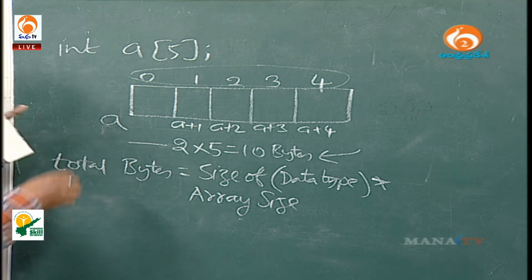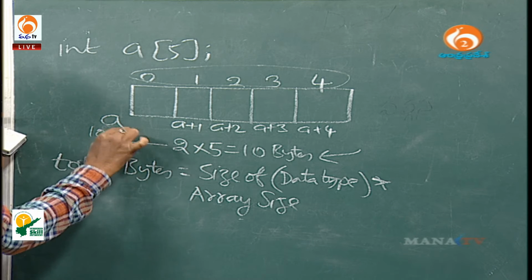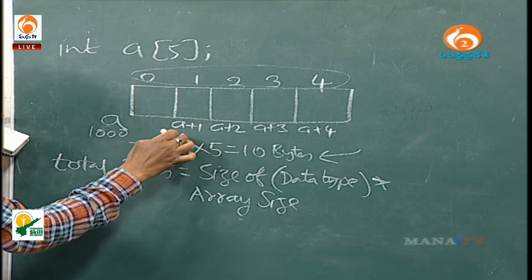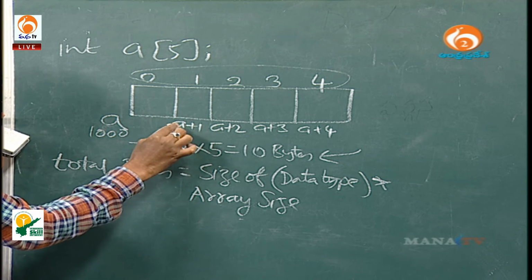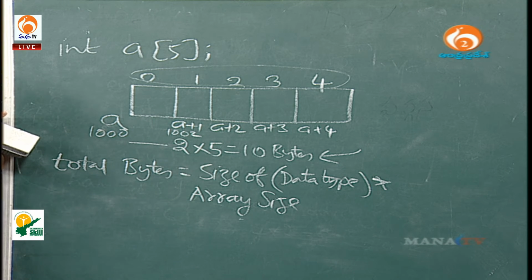A means the address of this array, maybe 1000. A+1 means the next address, the second one, maybe 1002, like this. An array is also called a constant pointer.